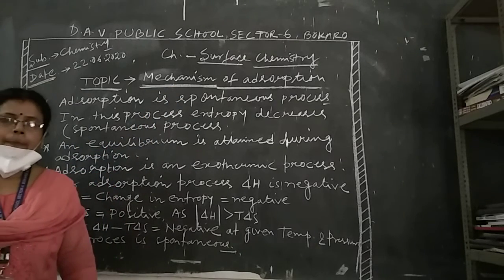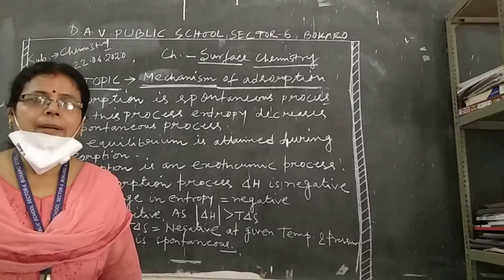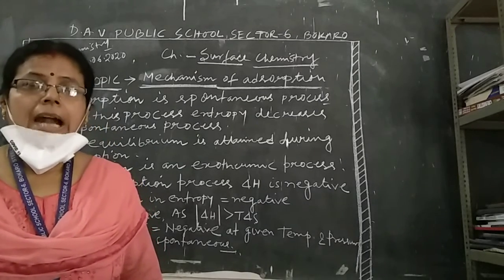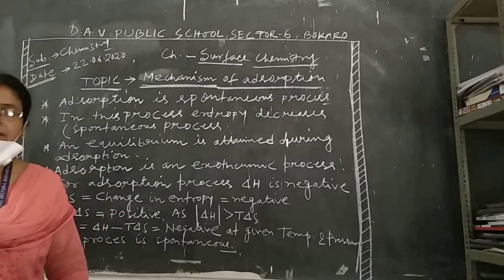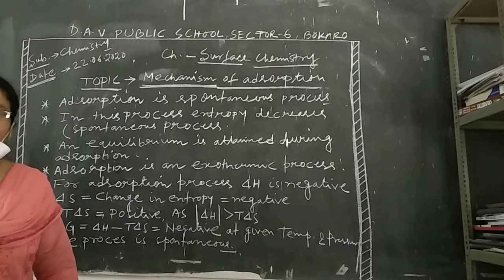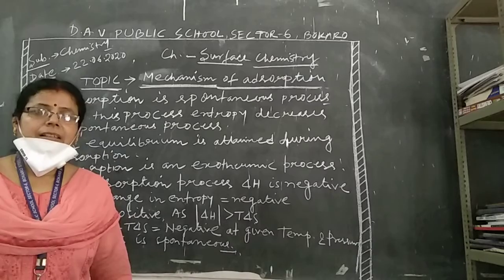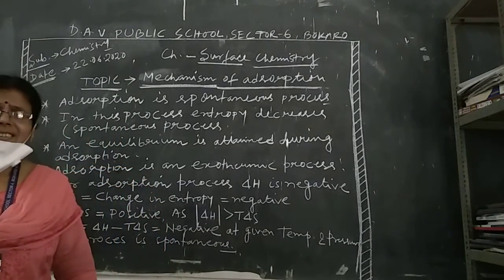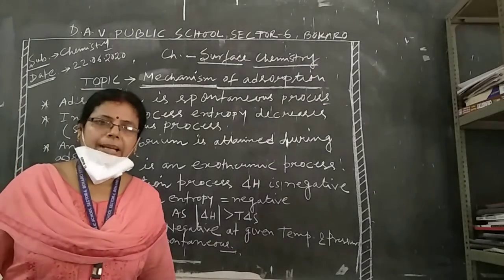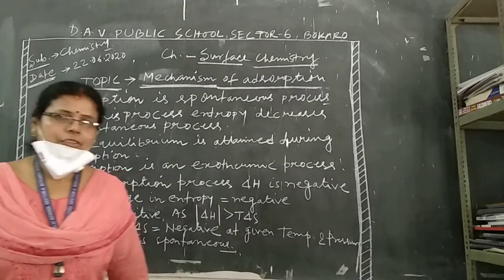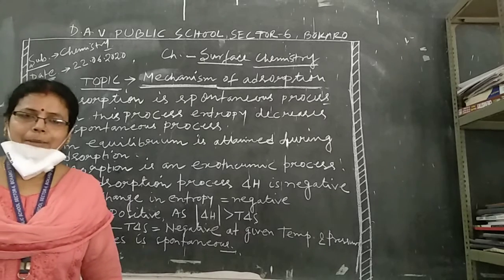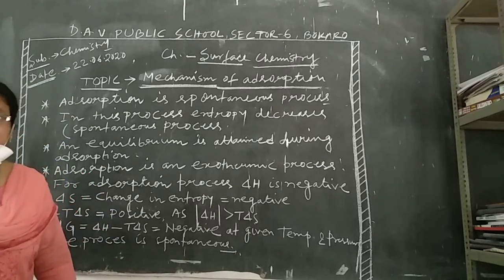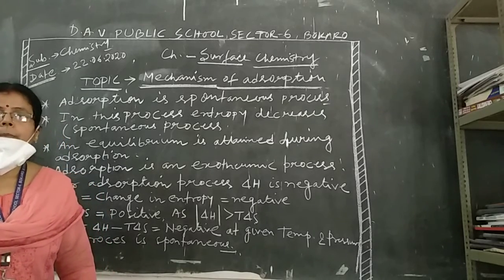When I discussed the definition of adsorption, I want to recall it: the phenomenon where the adsorbate adsorbs on the surface of the adsorbent is known as adsorption. I also explained why the adsorbate adsorbs on the surface of the adsorbent. The particles on the surface of the adsorbent always possess an attractive force because they experience an unbalanced force, and this attractive force is responsible for attracting the adsorbate on the surface of the adsorbent.